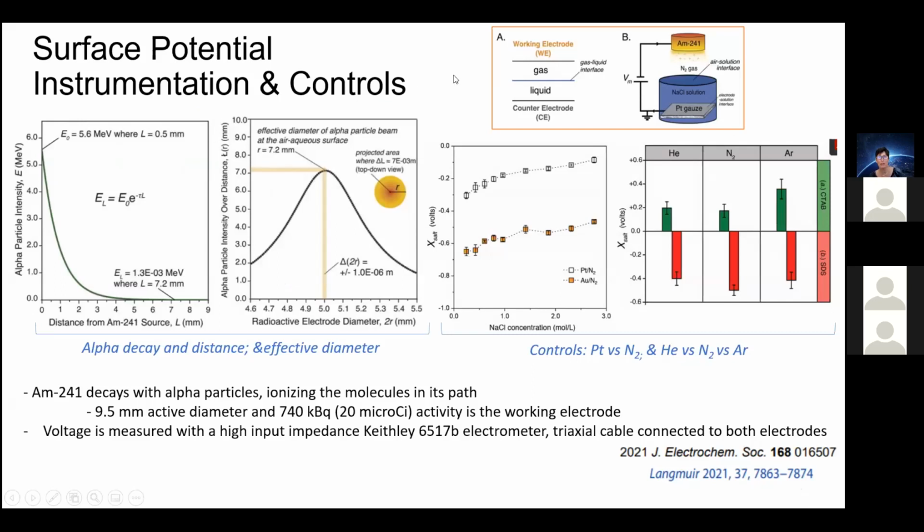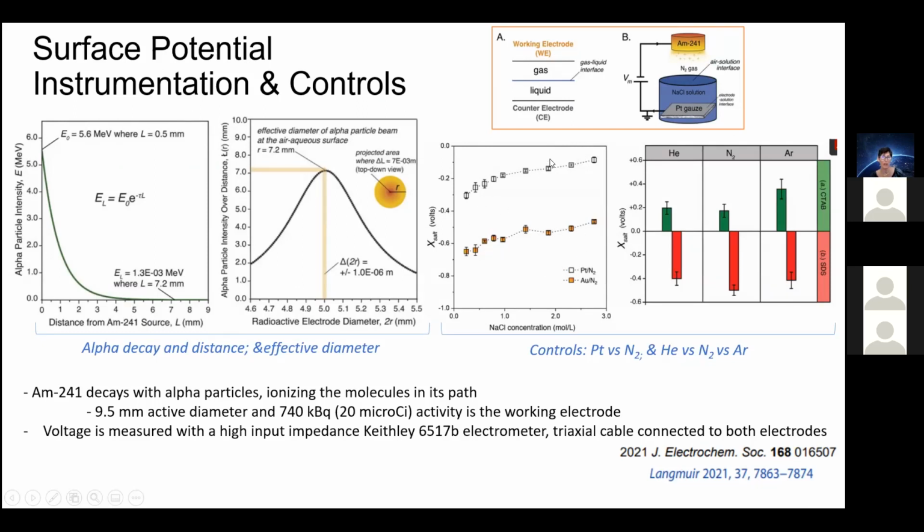The surface potential itself needs to be broken apart in many different ways. But if we think about just comparing distance of americium versus alpha particle intensity, we know what that intensity is versus distance. So all this goes into how the tool is made, what the shape of the active area of the americium is, and also the comparison of the platinum gauze versus others like gold, for example, which gives you different surface potential.